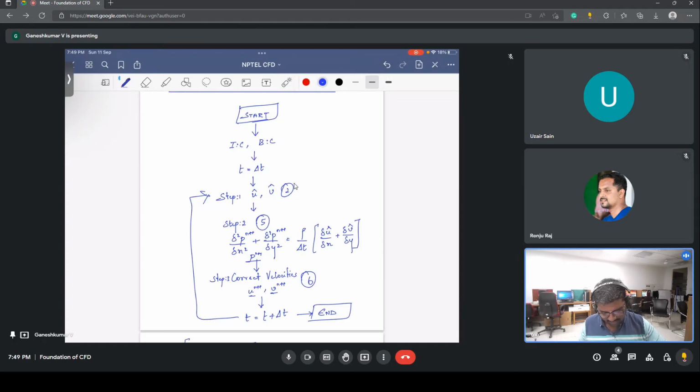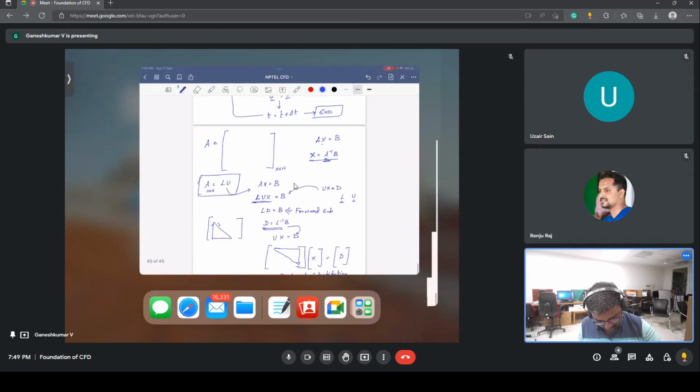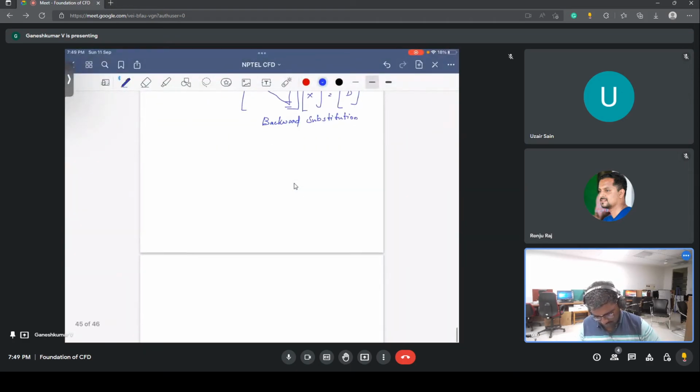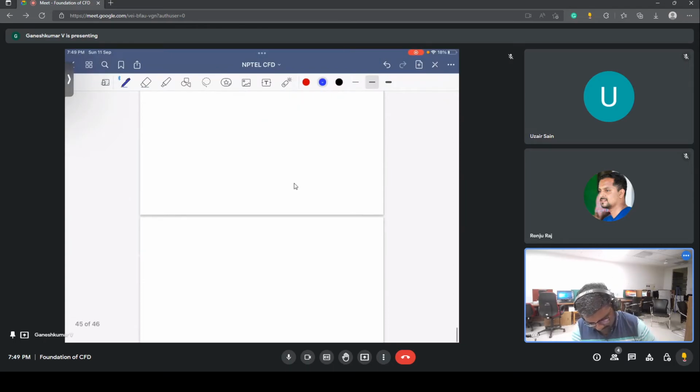So this algorithm they are using for collocated grid nowadays for incompressible flows, and compressible flows also. Now this is called a segregated approach, right? So what is the coupled approach? We have two equations, right? Continuity and momentum. First we used momentum, predicted, and then used continuity for pressure, and then we corrected it.